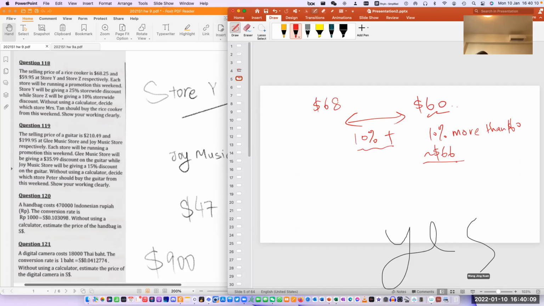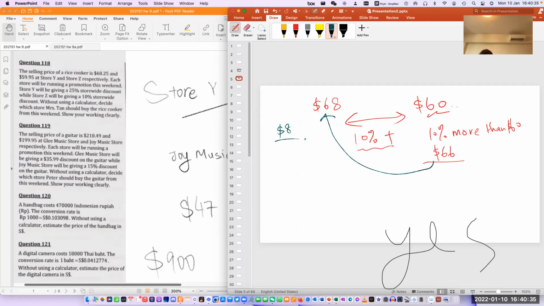So 10% more than 60 is actually $66. Compared to $68, you have a $2 difference, in fact.